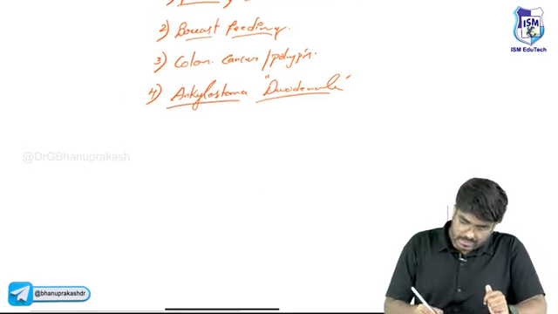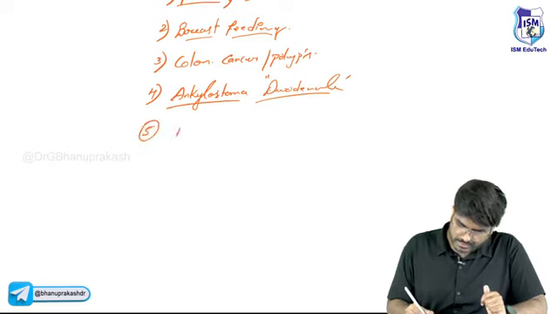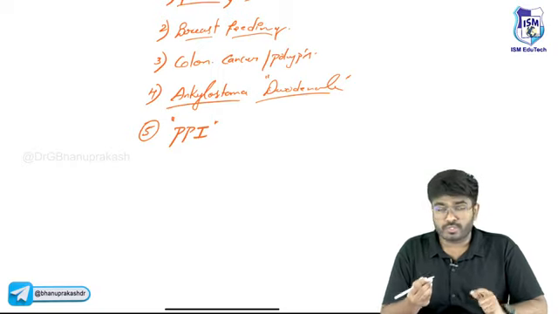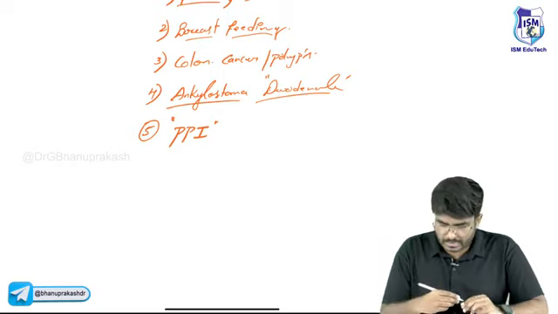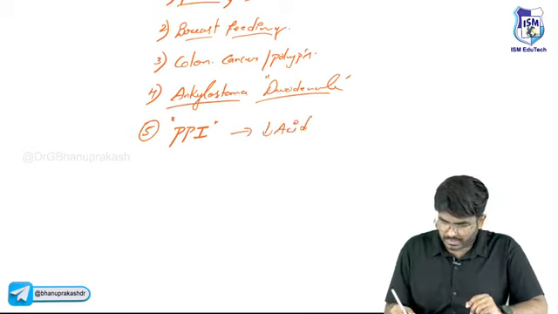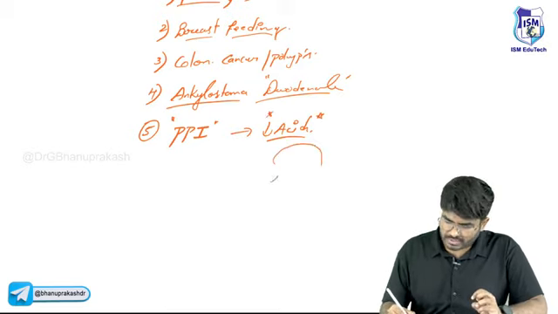Not only that, if you use certain drugs like proton pump inhibitors, such as omeprazole, pantoprazole, esomeprazole, what will they do? They decrease acid production. Acid is important because it helps in the conversion of Fe3+ to Fe2+.